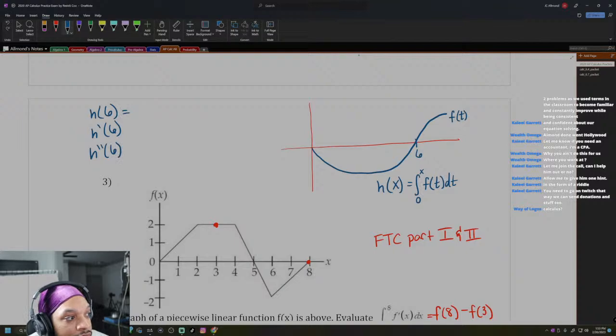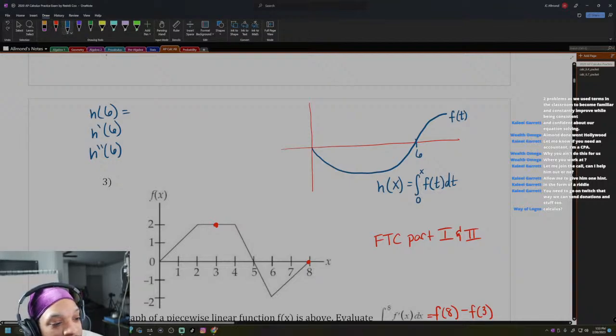So h of 6 just means I take h of x and replace x with 6. Do you see how that'll be the integral from 0 to 6? It's the same thing as h of x, except wherever there's an x, I put a 6 instead.